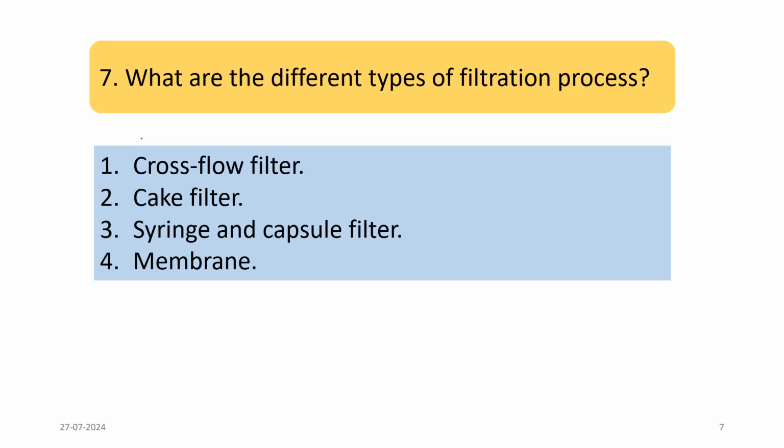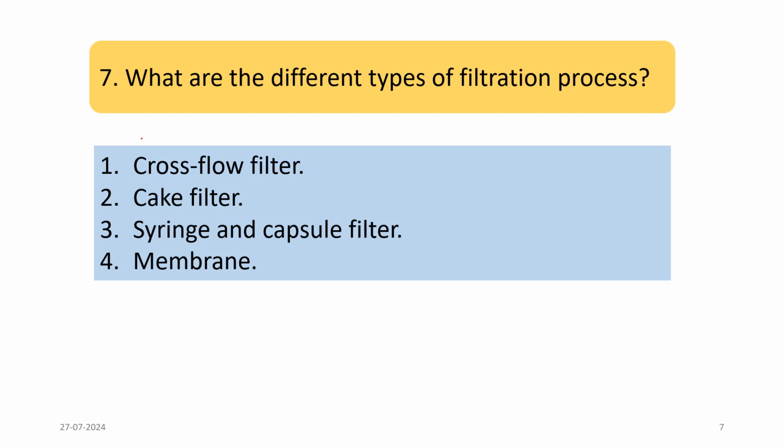If you go through the slides, you can see what the cross flow filters are. It is a filter designed to concentrate suspension of fine particles or colloidal material, and particles of size range 0.1 to 5 micrometer are generally separated.